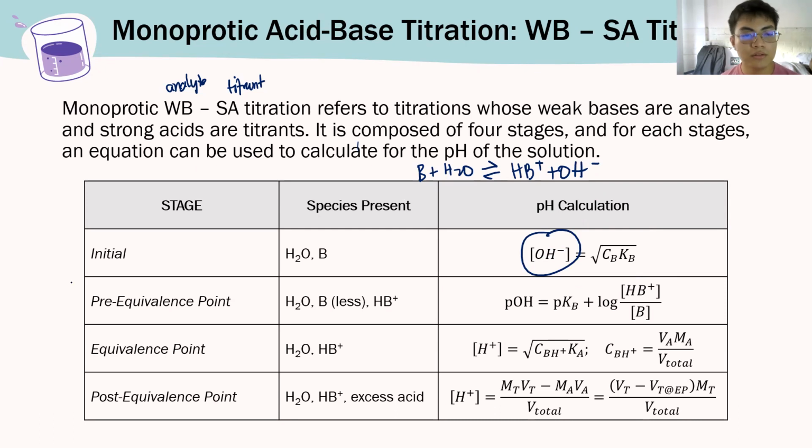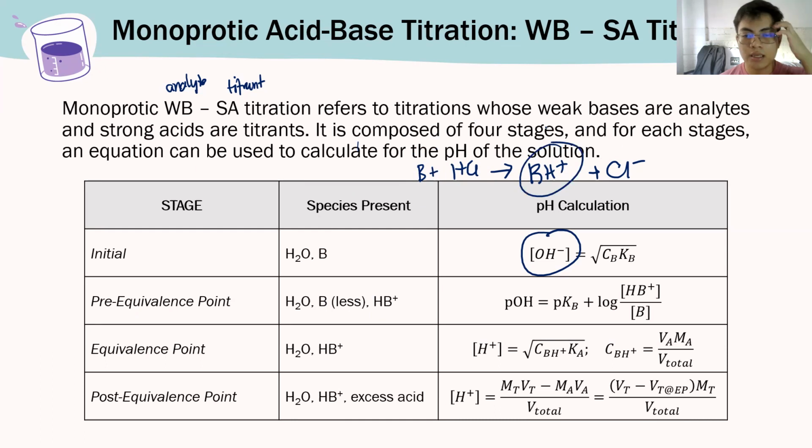And then we go to the pre-equivalence point. At the pre-equivalence point, your base is being neutralized by your acid. Say your acid is HCl. What will happen here? Your base will be protonated. So you have less of the base because it has been neutralized by the acid, and you have the presence of conjugate acid.